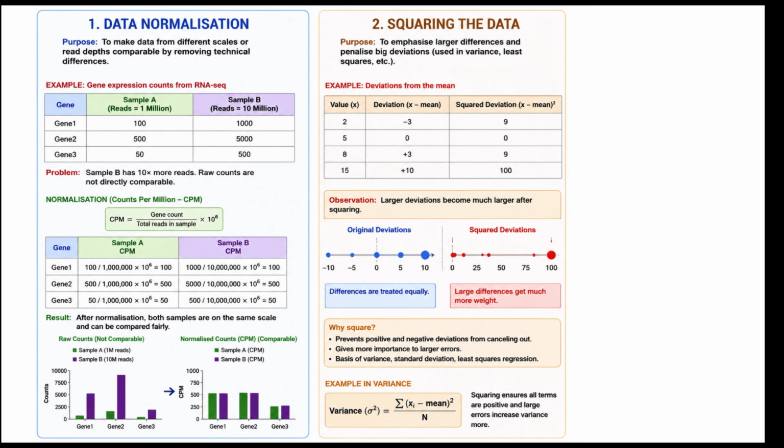So coming to data normalization, before we understand it, I will give one classical, very general example for normalization. For example, there are two students, student A and student B. Student A got 95 marks out of 100, and student B got 45 out of 50 marks.